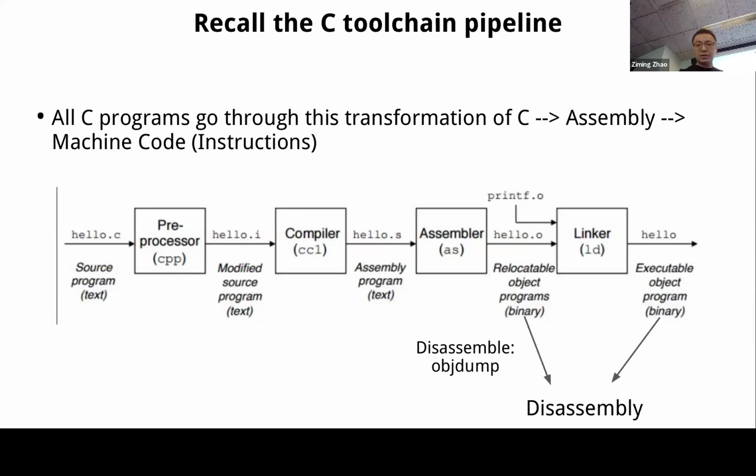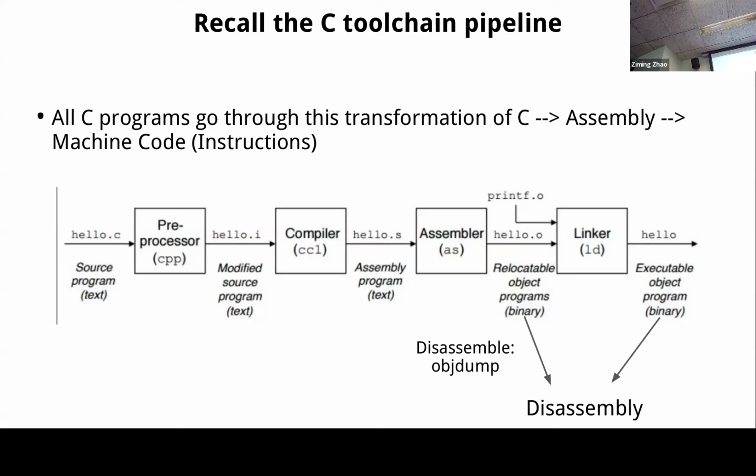Last week, I also showed you that in those binary files, like .o files or executable files, there are some sections that are just the code, just the instructions. What if we want to read those instructions and know what they are? If we open a file, we can see just raw bytes.